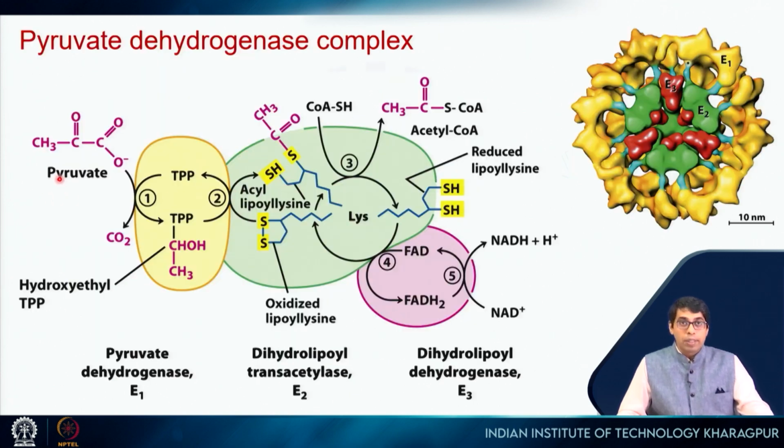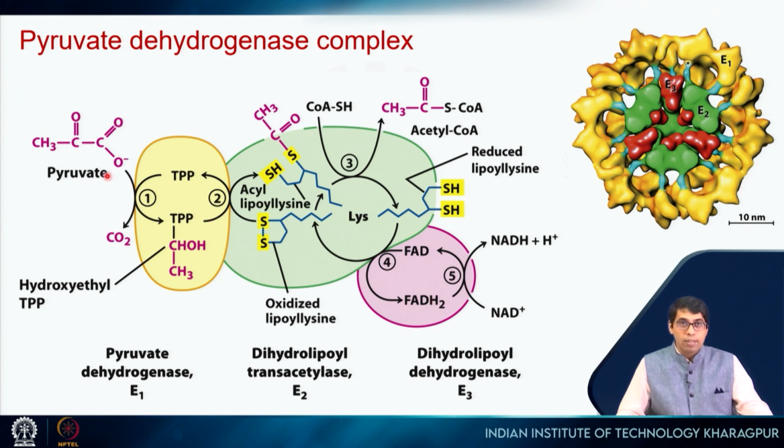This is pyruvate, right. So, pyruvate comes in and it interacts with E1. So, this is E1 which is yellow, this part. The middle part is E2 which is this green part, and the last one is E3 which is this red part, right. So, E1, E2 and E3.